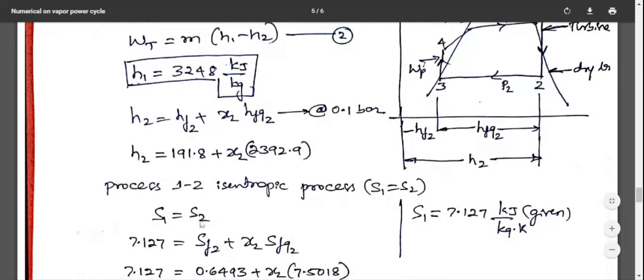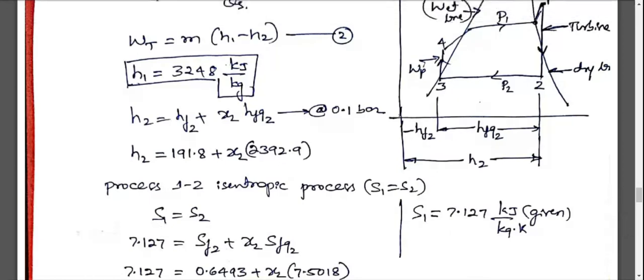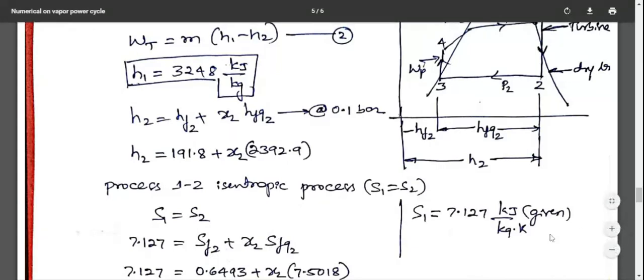Here again, S1 is equal to S2, as you have written. S1 is the entropy at point number 1. It is given in the problem, so directly you have written it here. Again, S2 is the same formula that you wrote for enthalpy at point number 2, only in place of enthalpy it becomes entropy.